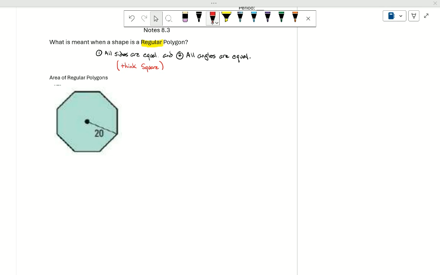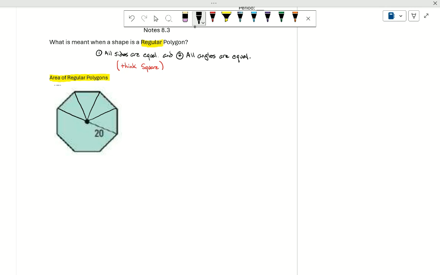Okay. So here's the first thing that you do when you're finding the area of a regular polygon. For this first example, the first thing has almost already been done for you. What you do is you put a point in the center, that has been done for you, and then you draw in all the radii for the shape. Remember, the radii go from the center to each corner. So you're going to draw all these radii in.